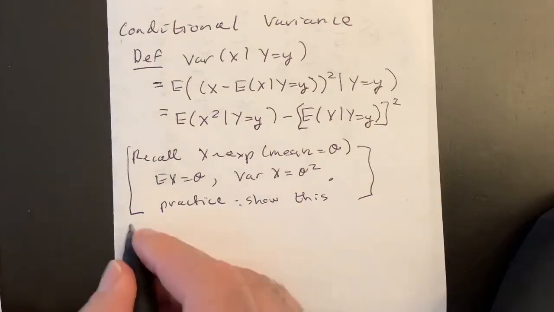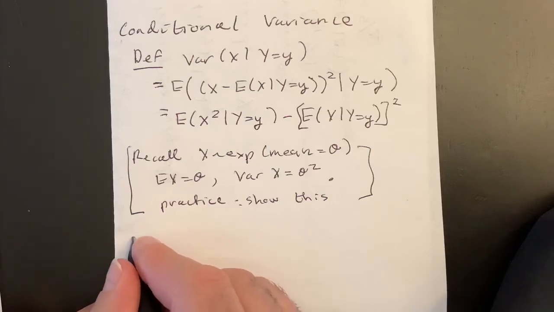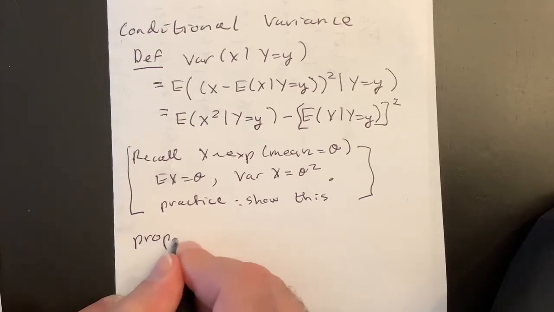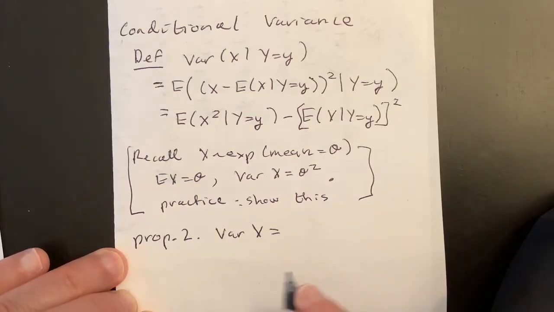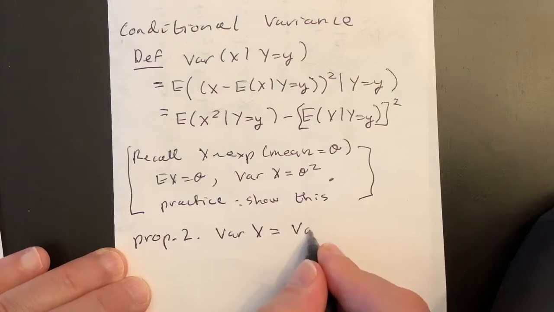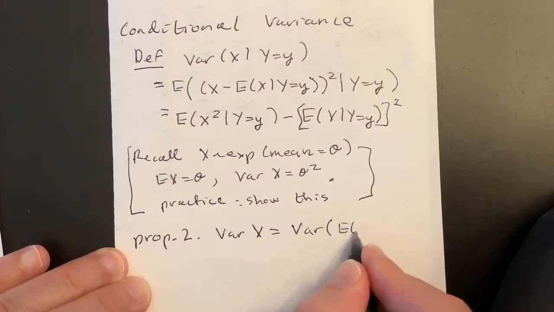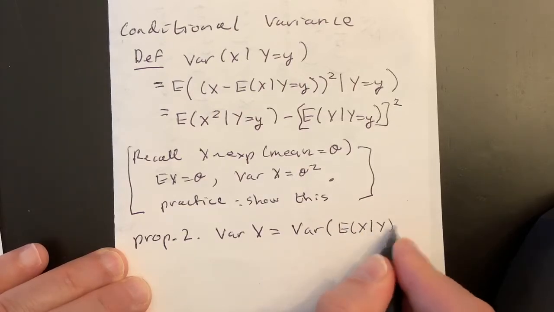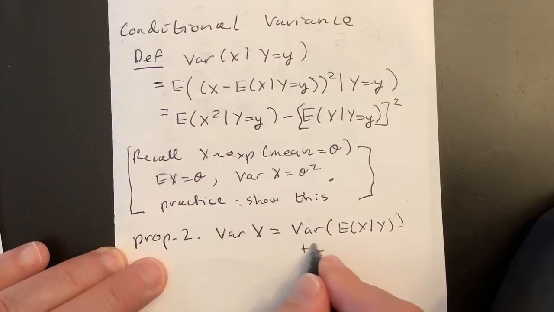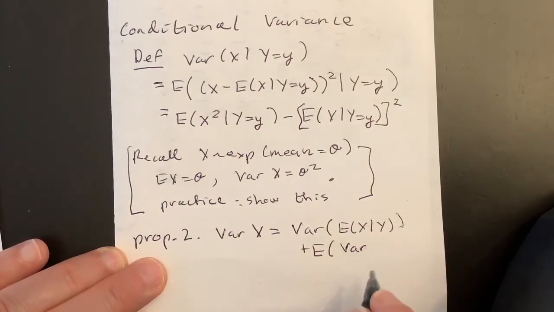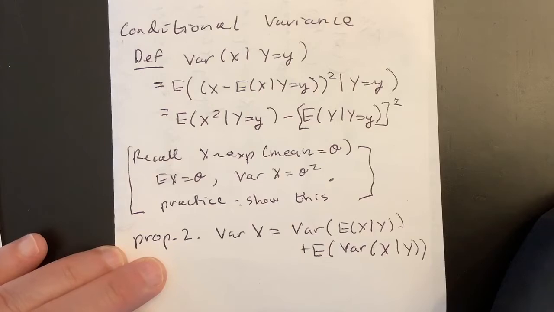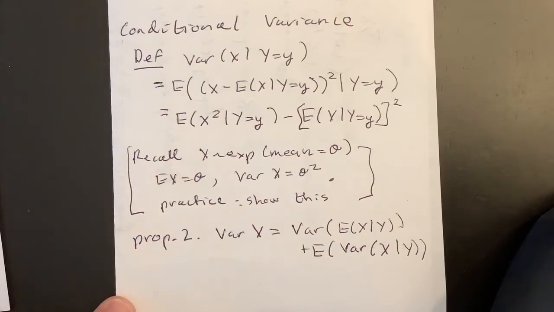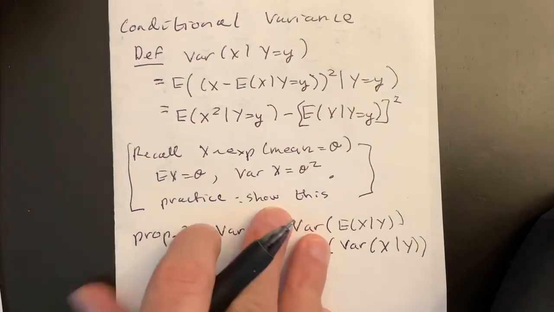Okay, we have our second property, property 2: variance of x is equal to variance of e of x given y, plus e of the variance of x given y. Let's do an example with that.